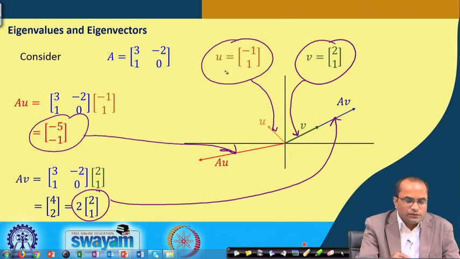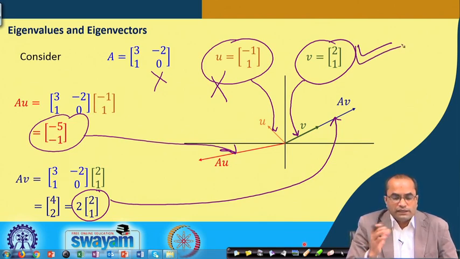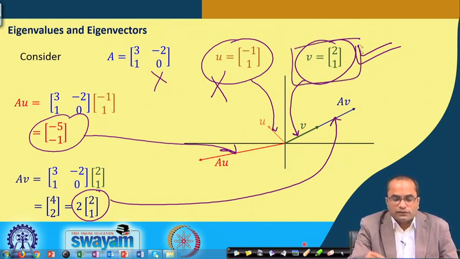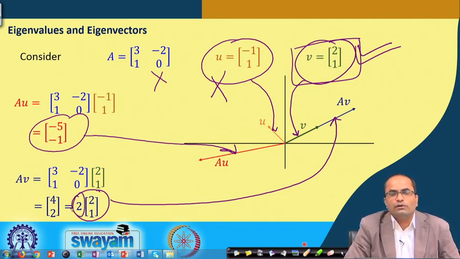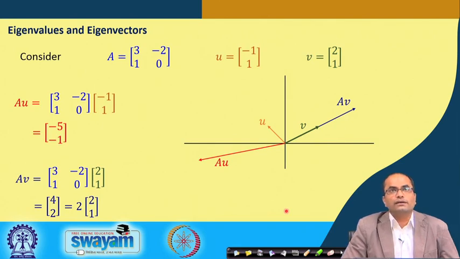So, our interest is not in u with this A, our interest is in such vectors whose multiplication with that matrix does not change their direction, it is parallel to the original vector v, and that is what we are looking for. These are actually called eigenvectors, and this number which has come here will be called the eigenvalue. So, that is the topic of today's lecture, and we will go a little more into the detail now about these eigenvalues and eigenvectors.